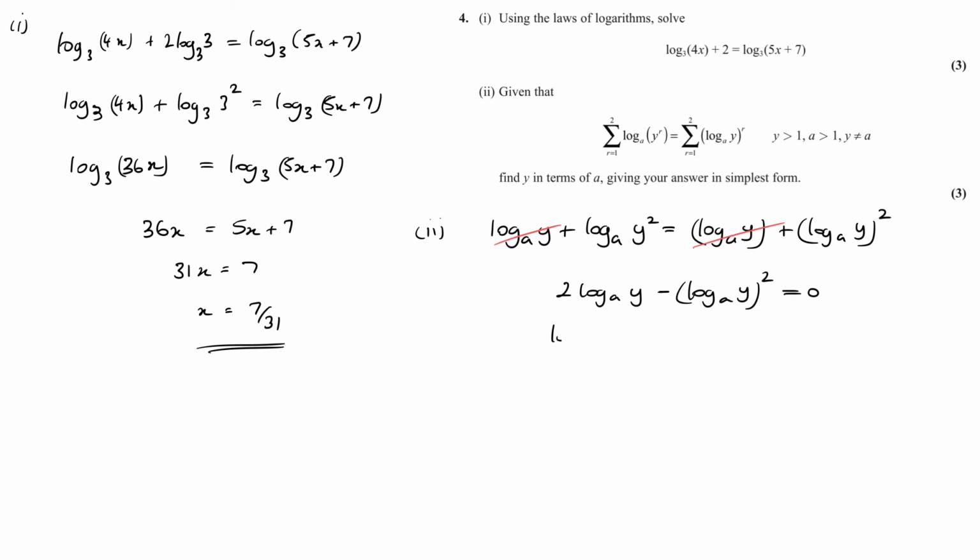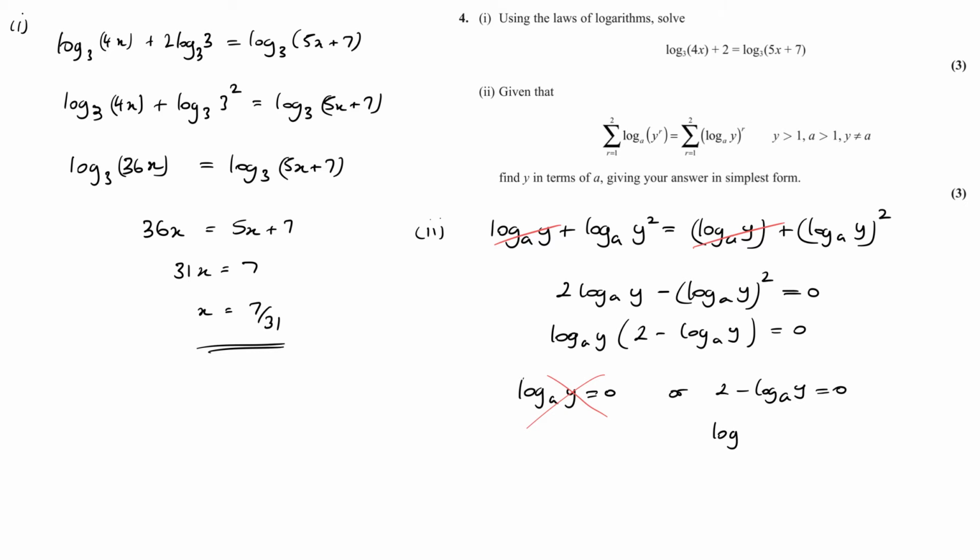So this would give me log y to the base a, brackets 2 minus log y to the base a, equals 0. So now we have log y to the base a equals 0, or 2 minus log y to the base a equals 0. Now, this is impossible, so we've just got that one answer.